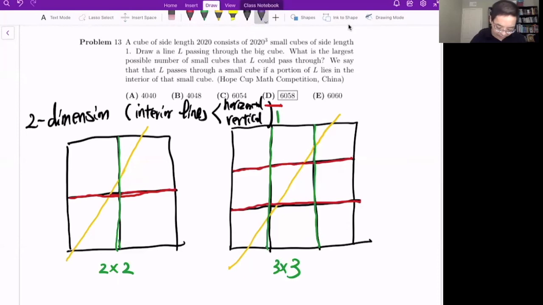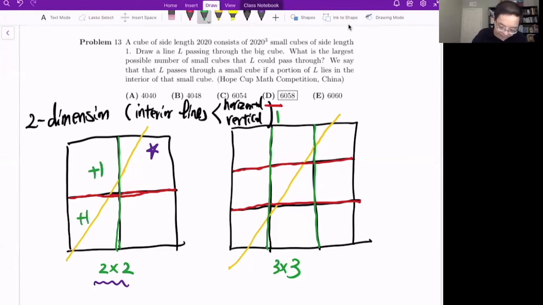Now, let's look at this case. The first square it passes through, we can just say is the special one. And then after this, you see every time the line passes through an interior line, it is going to add one more square, right? So this time we add 1, and then add the next one.